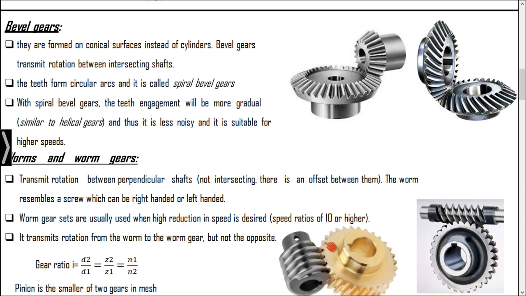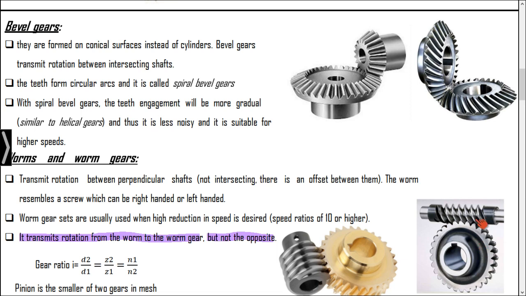And one important thing, the most important thing, is that in a worm and worm gear system, the rotation is transmitted from the worm to the worm gear, but not the opposite. That means power transmission is from worm to worm wheel or worm gear.